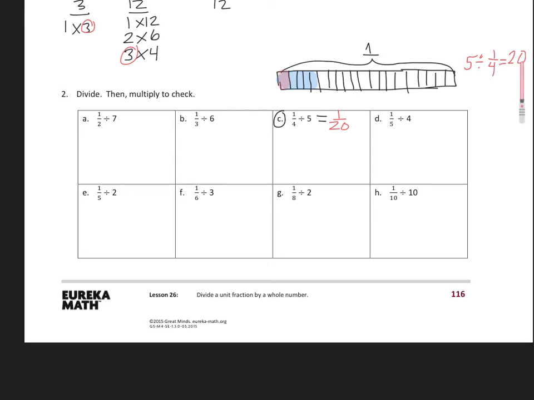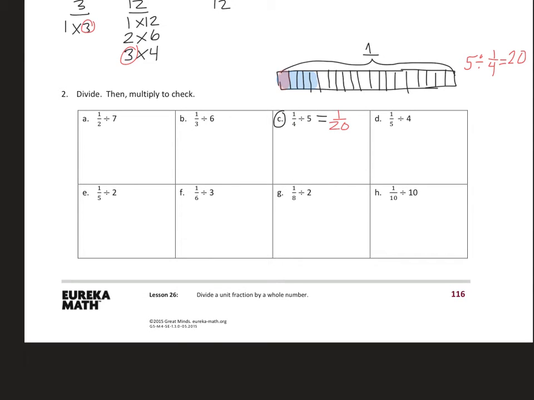And then how do we know it was 20 besides me sharing with you how we broke it up? Well, the little trick is 5 times 4 gave us 20. Same thing over here, 4 times 5, that gave us 20, and we knew our answer had to be a fraction because our 1/4 was a fraction in the beginning, so it is 1/20th.